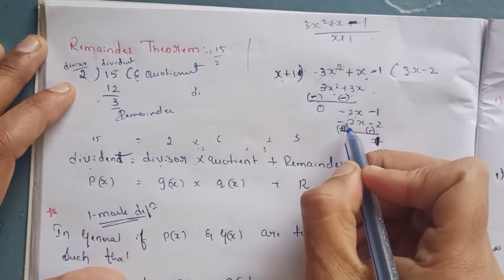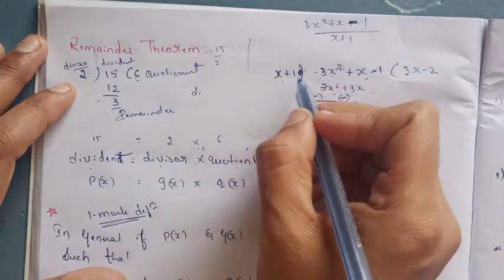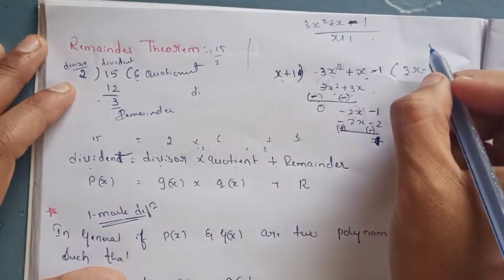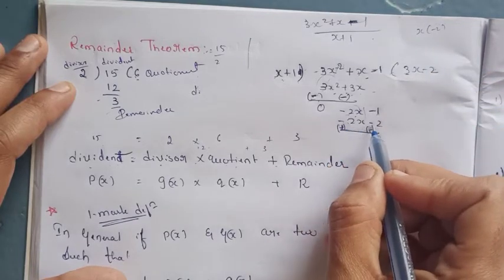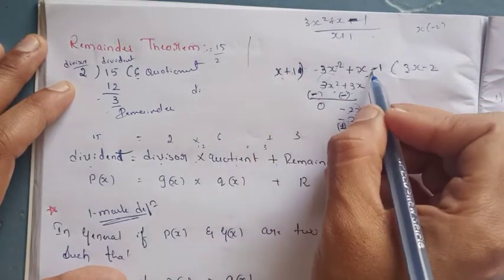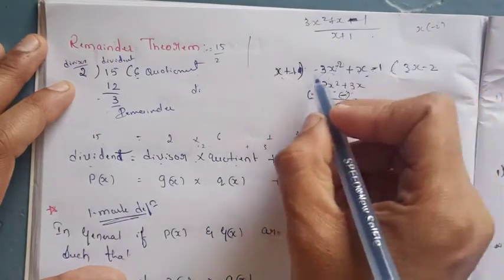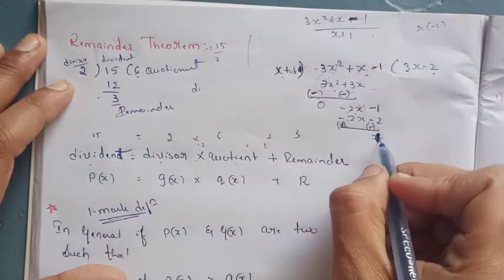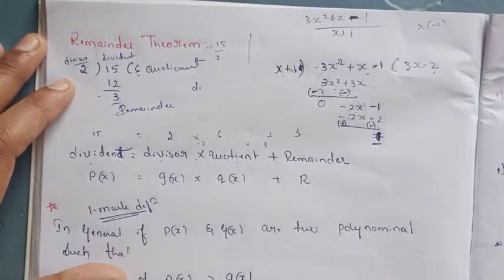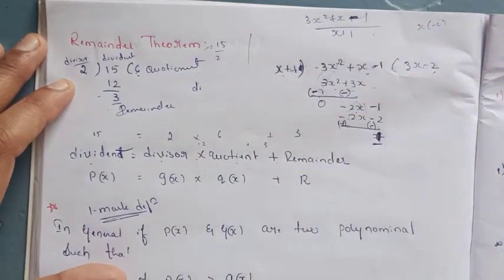Next we concentrate to make this term 0: x into minus 2 is minus 2x. Minus 2x, minus into plus is minus. The remainder that remains here is 1. This is the method to solve an algebraic expression.